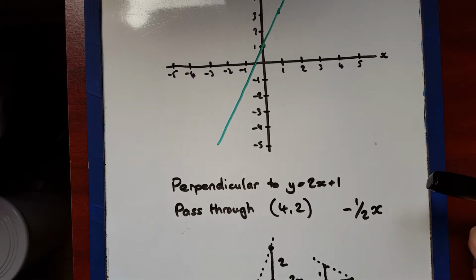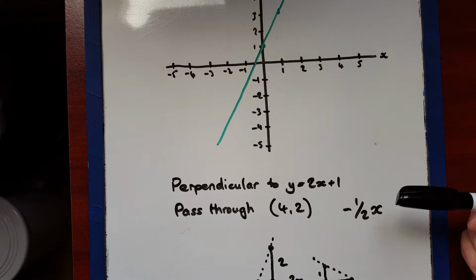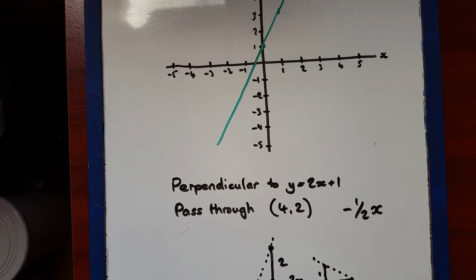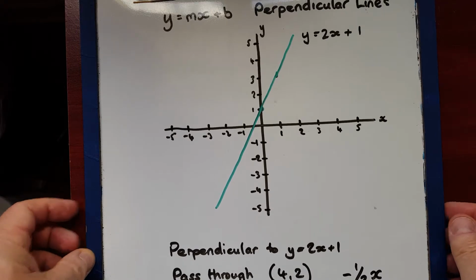You just simply put it under a 1, turn it into a fraction. If it's already a fraction, to find the reciprocal, you just turn it upside down. To find the negative reciprocal, you still put it under a 1, but you put a minus sign in front of it. And if there already is a minus sign in front of it, you take the minus sign away from it.